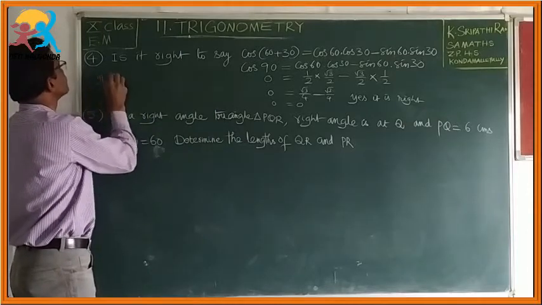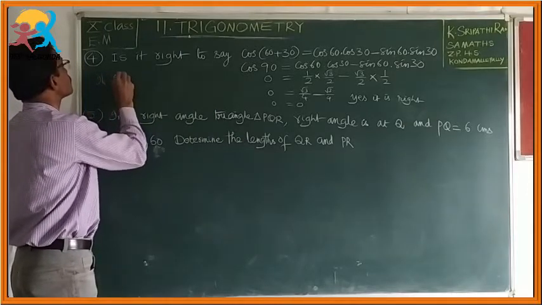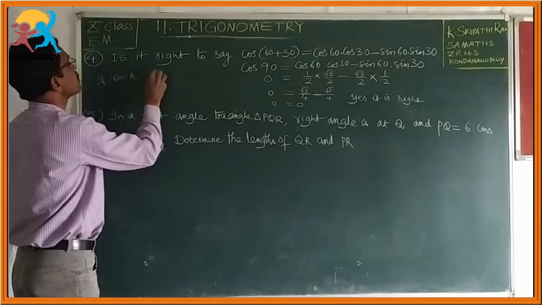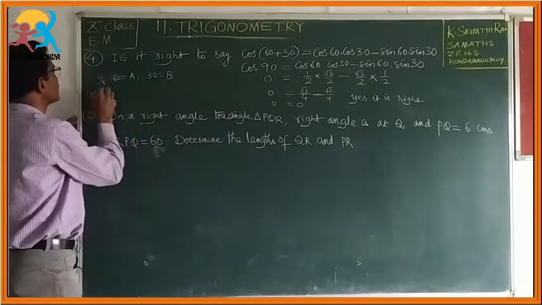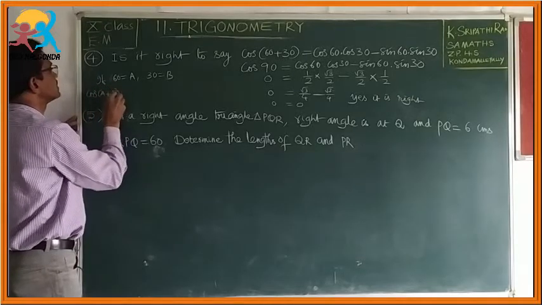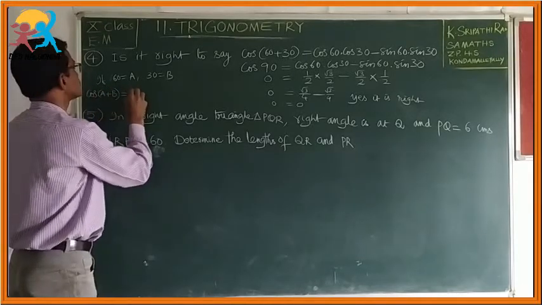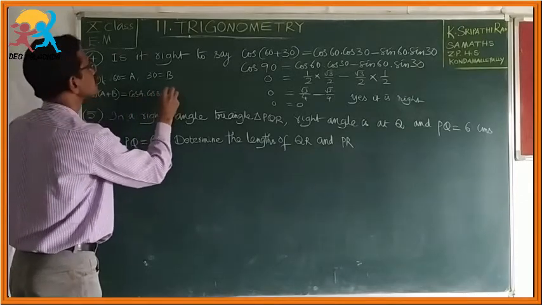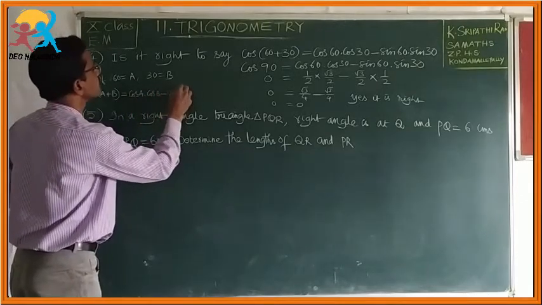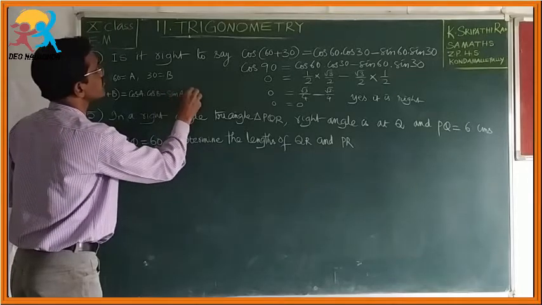If A is equal to 60 and B is equal to 30, we can write the formula cos of A plus B is equal to cos A cos B minus sin A sin B.